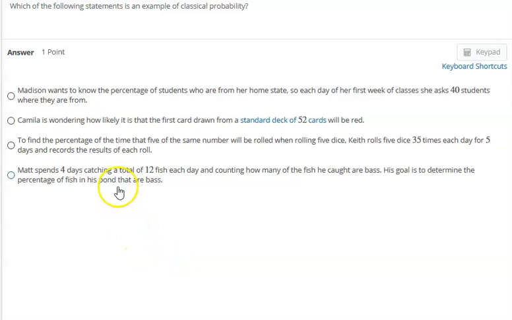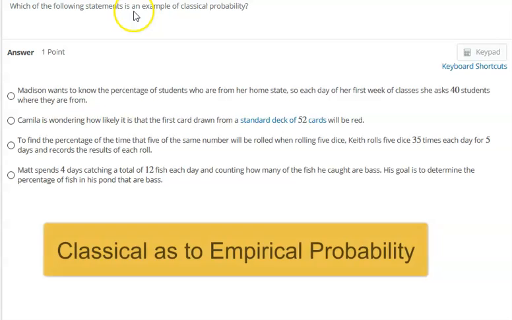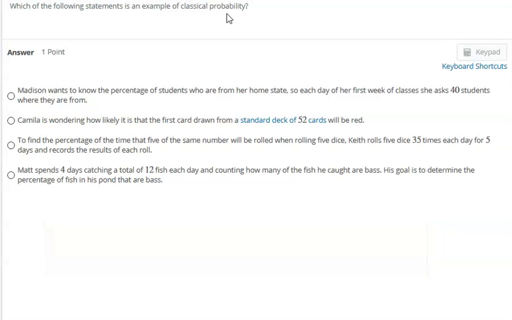Item 4, we're asked to look at the following statements, and which is an example of classical probability. Now, classical or theoretical probability is when you figure something out mathematically, and that is your ideal type of probability.